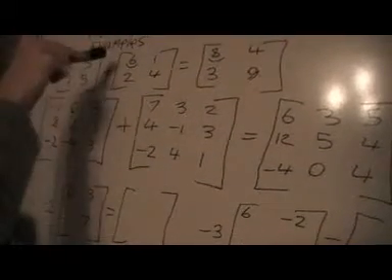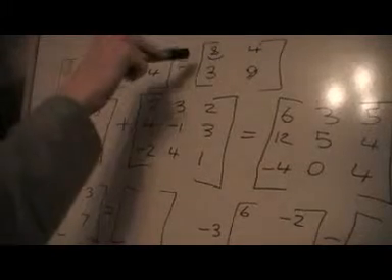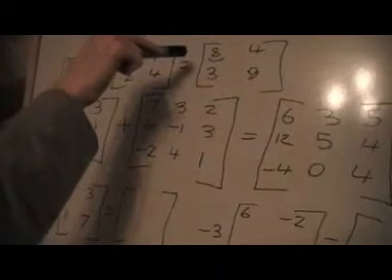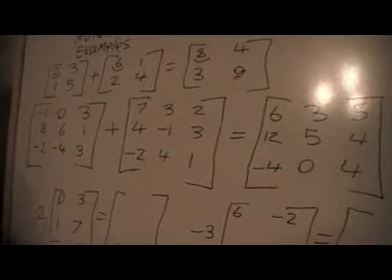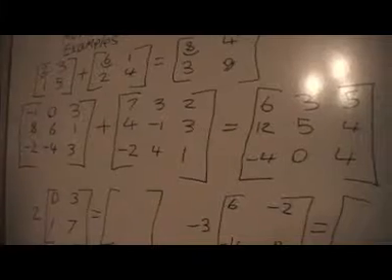So we'll add the two numbers in the 1, 1 position, and we'll put the result in the 1, 1 position for the answer. And that's why I used that strange definition in the first video, because it makes it easier to explain things, even though it just seems a bit silly to start off with. It does you a lot of good in the long run.